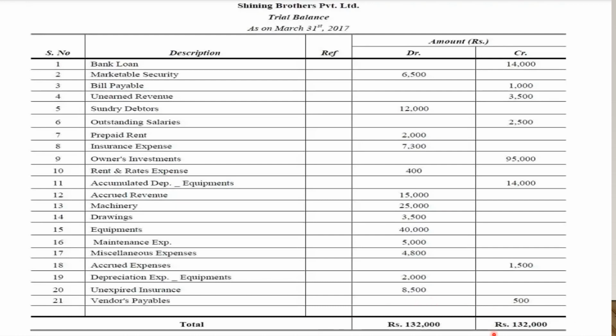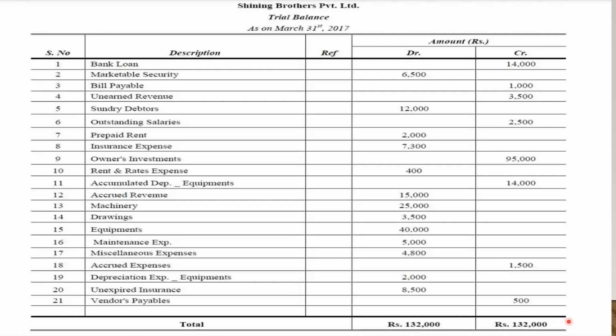But if these two balances do not match, then there is some kind of arithmetical problem with the data given to you. Some account may not have been balanced properly, or there has been some interchange of the amounts, or wrong accounts have been chosen. Some or the other kind of error is there. So it is important that these two figures must always match.